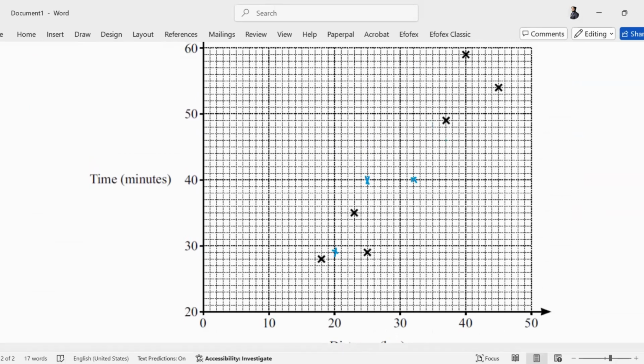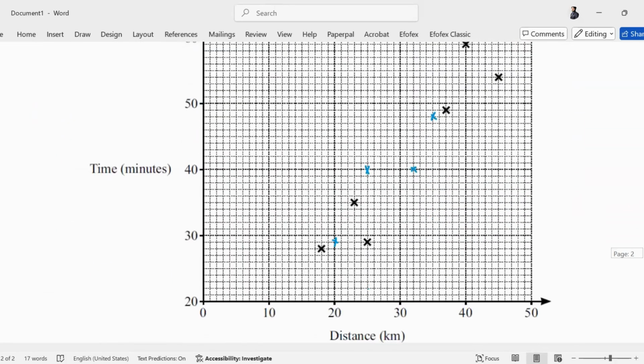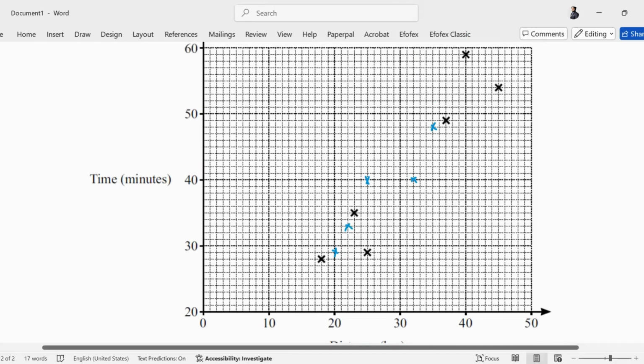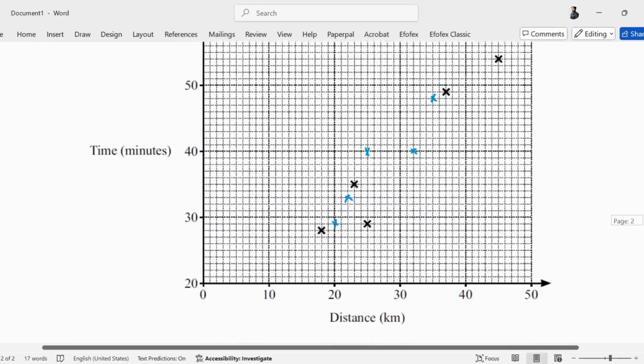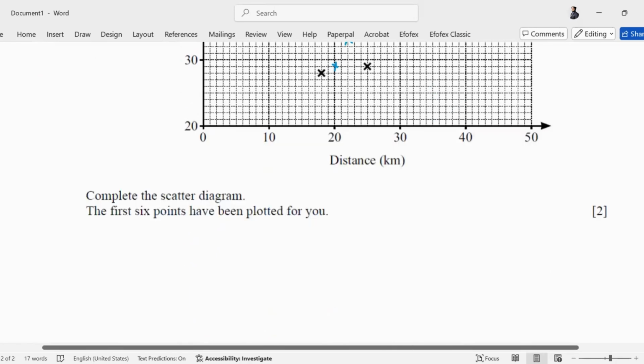So 48 and 35. The next is 22 and 33. So 22 and 33. Next is 39 and 46. So 39 on x and 46. Okay, so once you have these points, you've completed your scatter diagram.